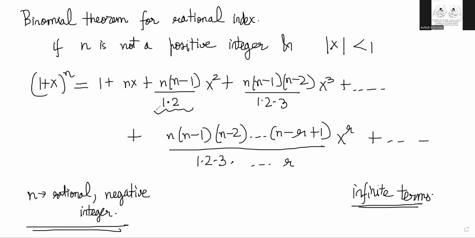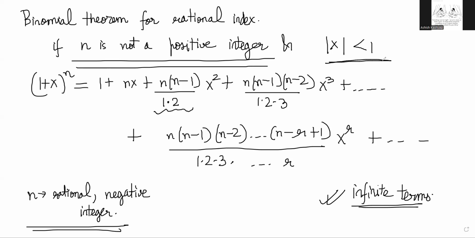So nothing major has been done. We cannot write nC1, nC2 anymore, so we are writing it like this. The conditions have to be that n is not a positive integer and mod of x is less than 1. Mod of x less than 1 is the condition that the series is convergent. If mod of x is greater than 1, the series diverges to infinity, right?